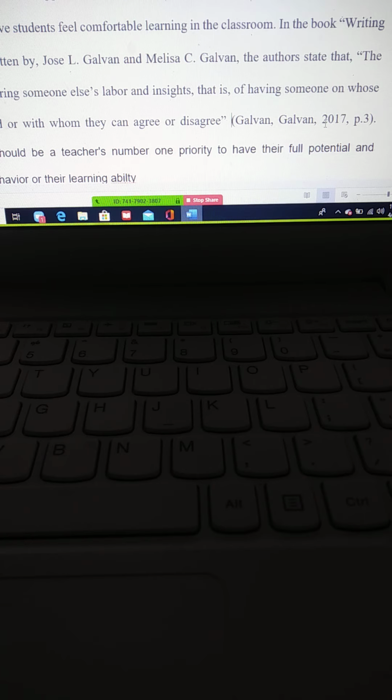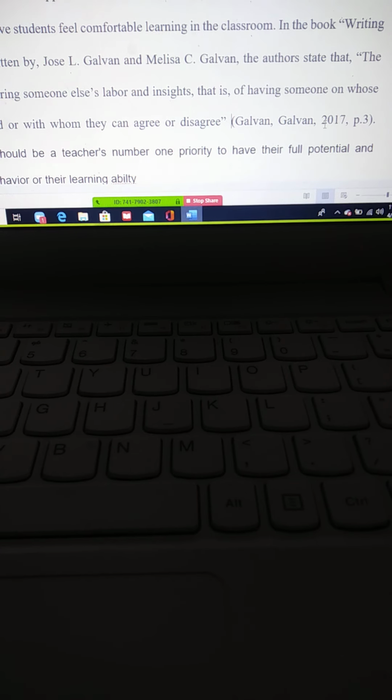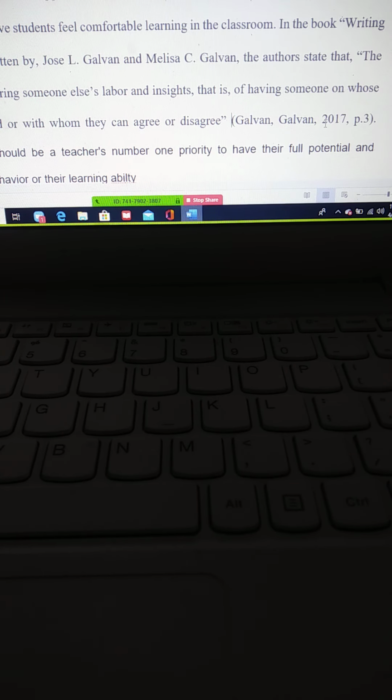You have to find it where they're specifically talking about or writing about a student or a teacher. So it looks like it's the beginning of something they're trying to say. But when you say the advantage of considering someone else's labor and insights, how is that being applied though to describing?